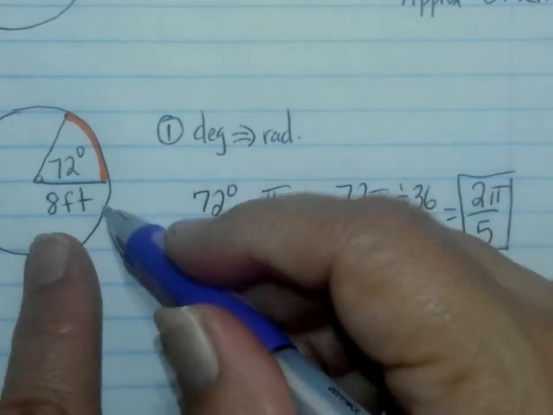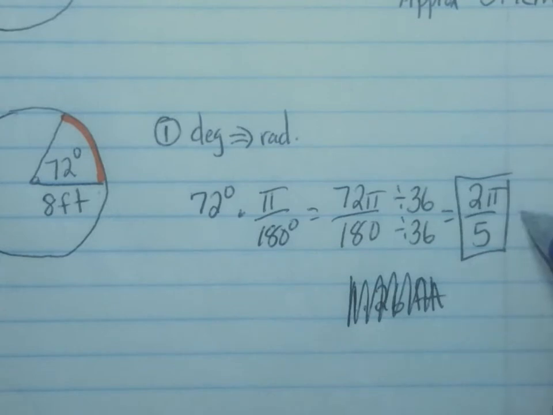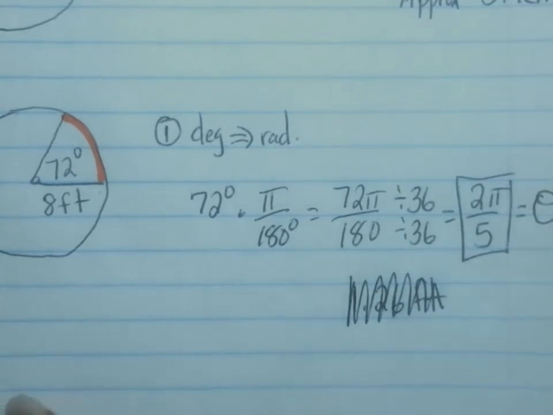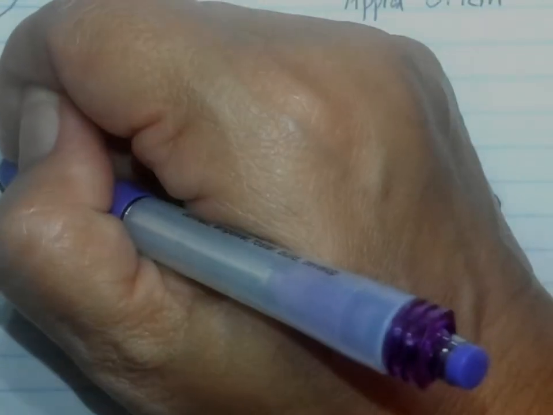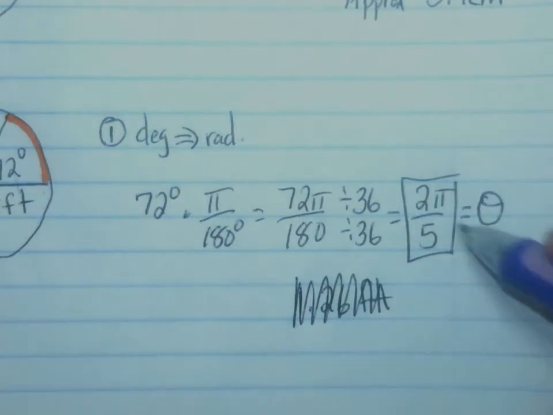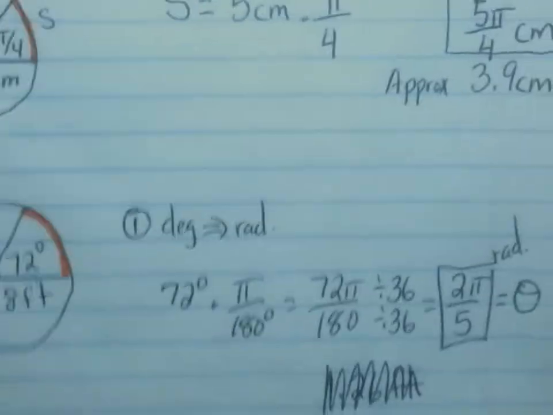I was looking at the 8 feet and going, that cannot be right. 2 pi over 5 is equal to your angle, theta. So that tells us that our 72 degrees is equivalent to 2 pi over 5 in radians. And now we need the arc length.